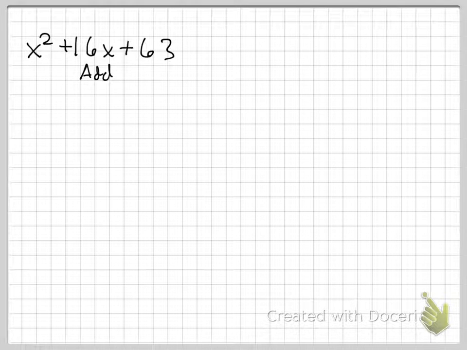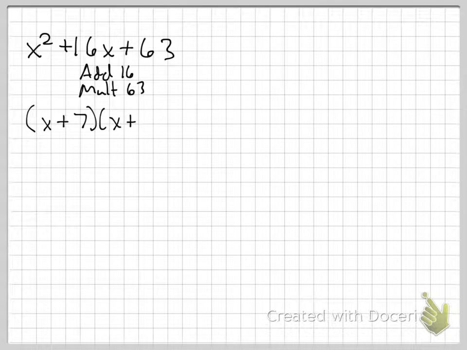Add to 16, multiply to 63. Does that work? Is that the only way you could add up to 16 and multiply to 63? Yeah, so there's our factors. We factored it down. If we needed to, we could then set those equal to 0 and find the solutions.